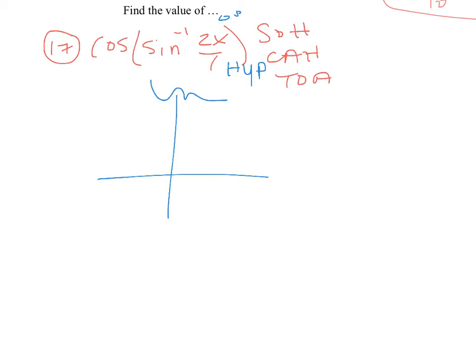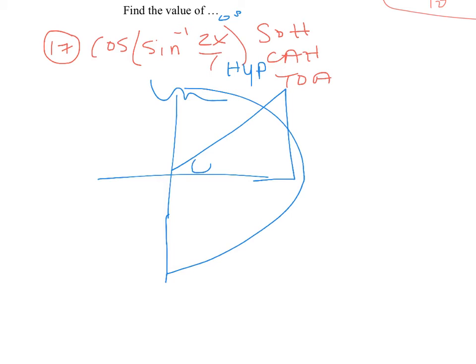So I'm going to draw my triangle up here in the first quadrant. We're going to call that theta. And if sine is opposite over hypotenuse, I know that my opposite of theta is going to be 2x. My hypotenuse will be 1. So now my goal is to find this last side using the Pythagorean theorem.